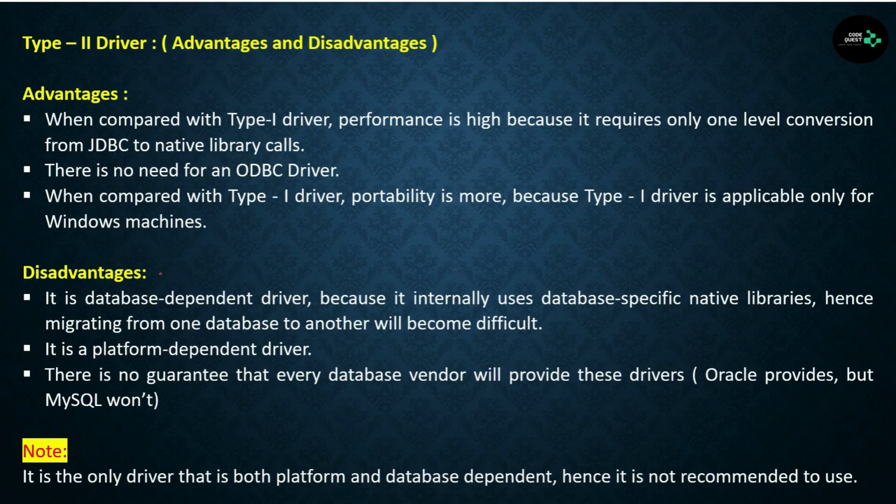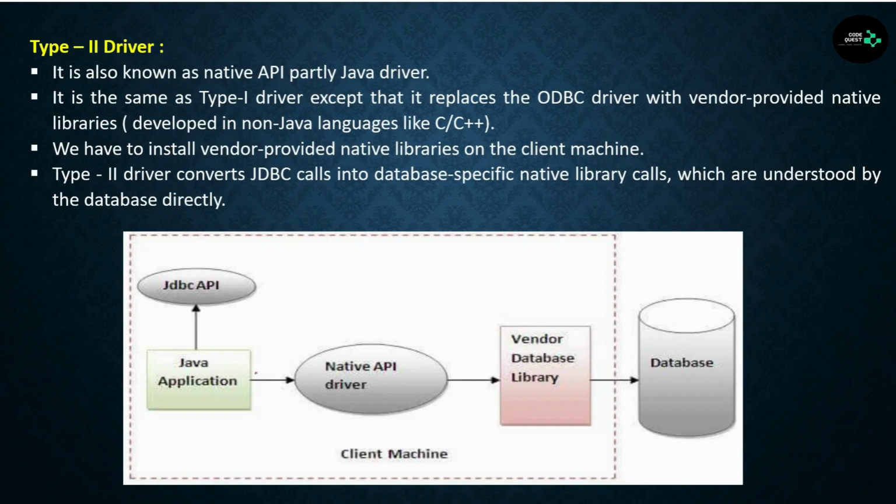Now coming to the disadvantages, it is a database dependent driver. Why? Because the native libraries are very specifically there for a particular database. So whenever the JDBC calls are converted into native library calls, that is specific to a particular database. If the native libraries are for a particular database like Oracle, they will work only in Oracle.